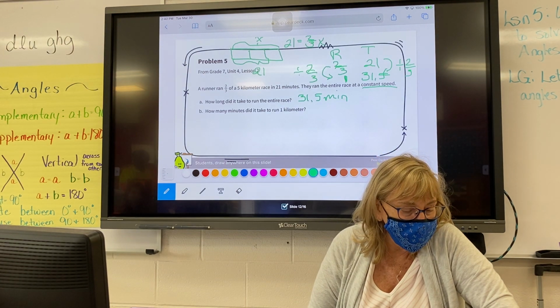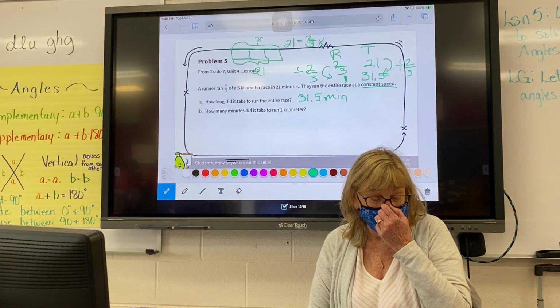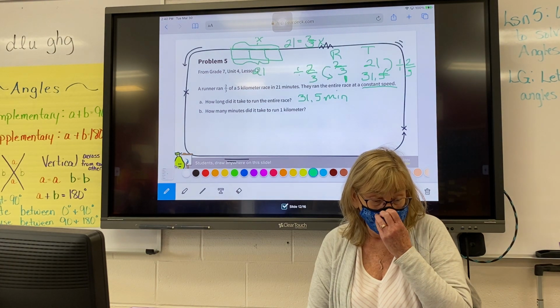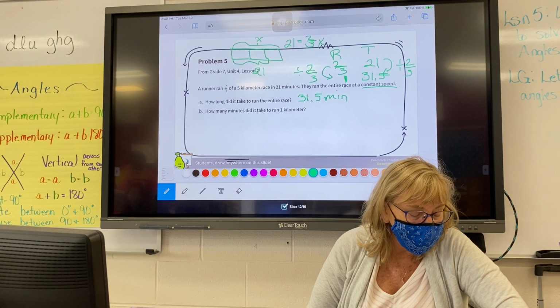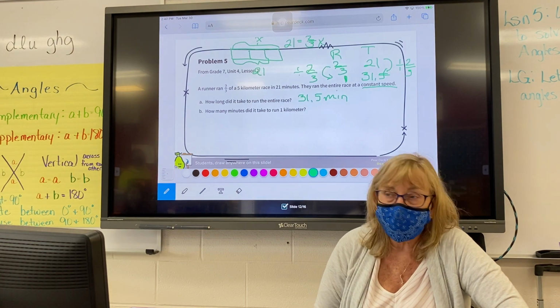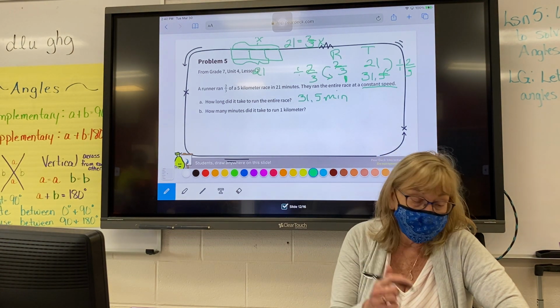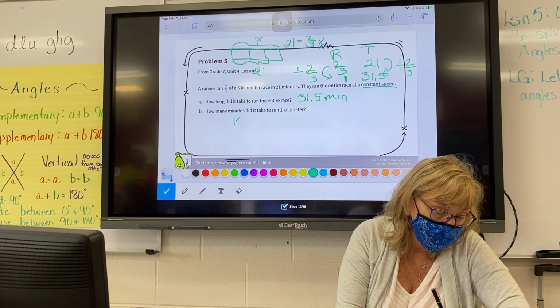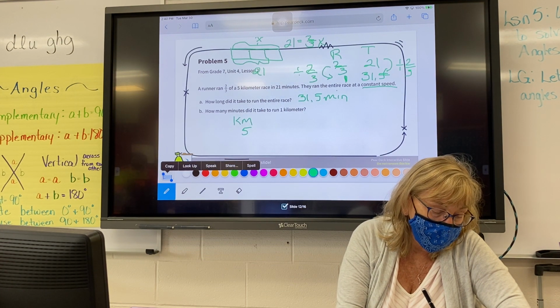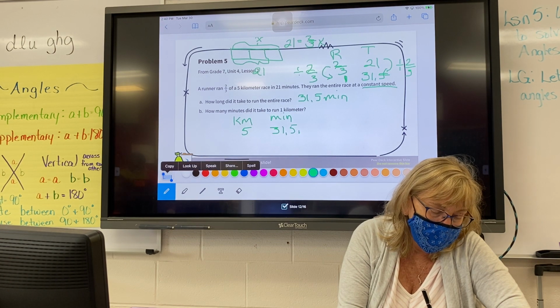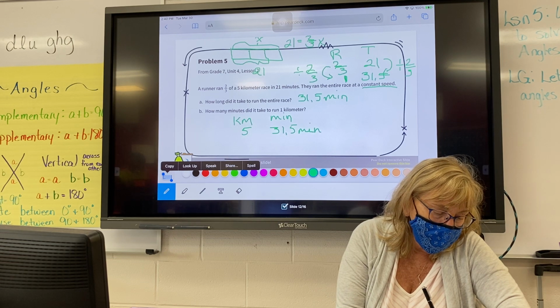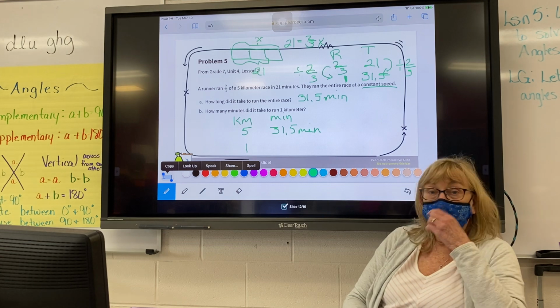Okay, how many minutes did it take to run 1 kilometer? Well, what do we know right now about the distance and the time? How many kilometers and how many minutes? 5 kilometers in 31.5 minutes. And I want to know how long does it take him to run 1 kilometer.